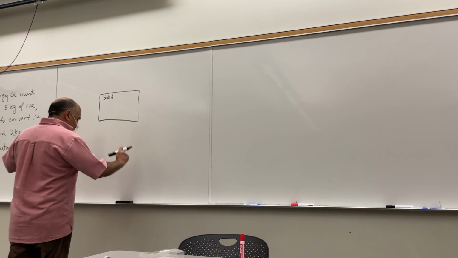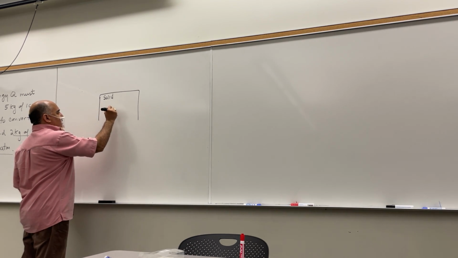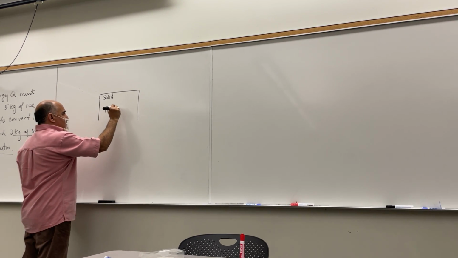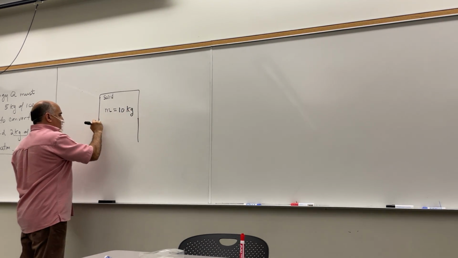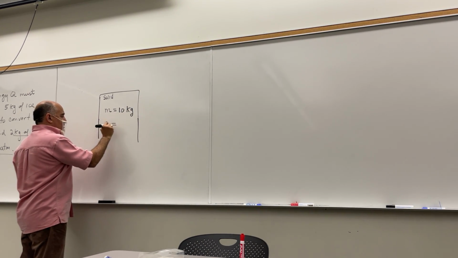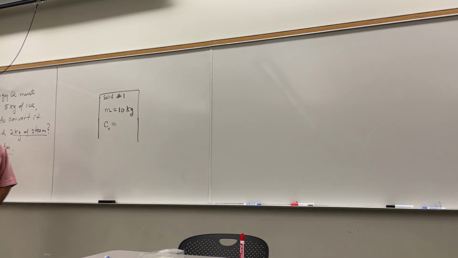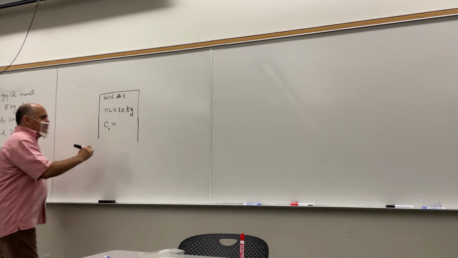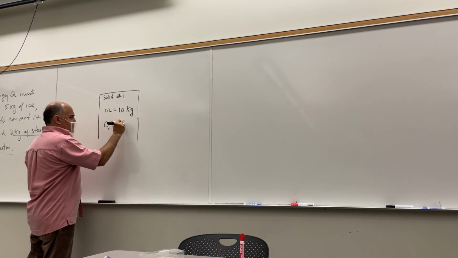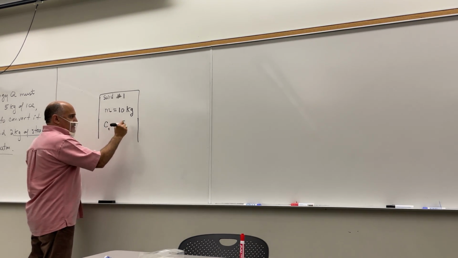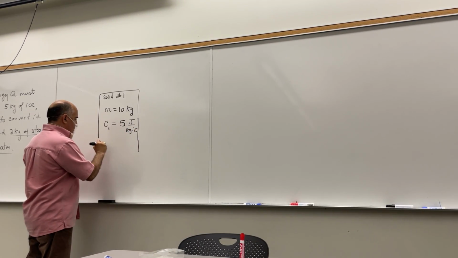But just for the purposes of the discussion here, suppose I have a mass of 10 kilograms, solid number 1. And let me make the specific heat capacity of this 5 joules per kilogram per degree Celsius.